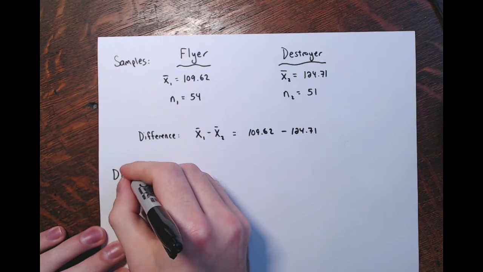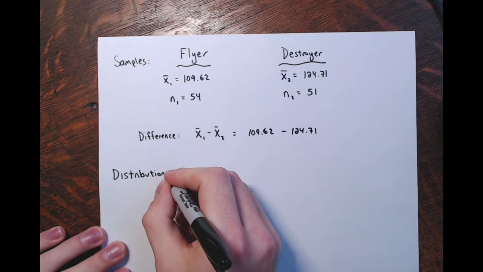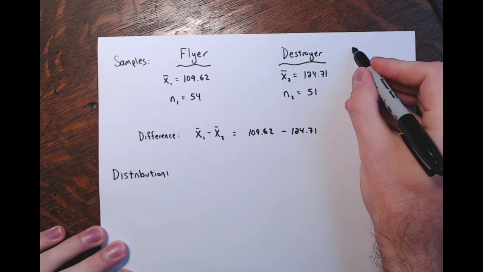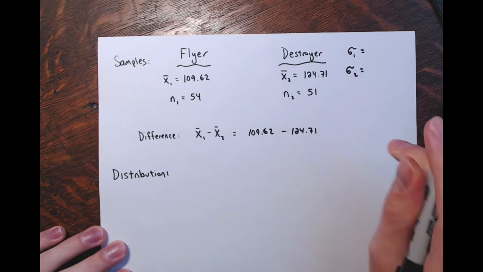Now, the distribution you'll end up looking at here is with sigma 1 and sigma 2 known.